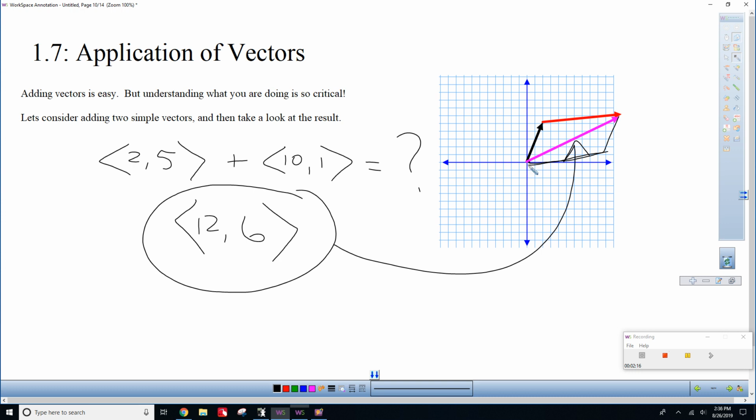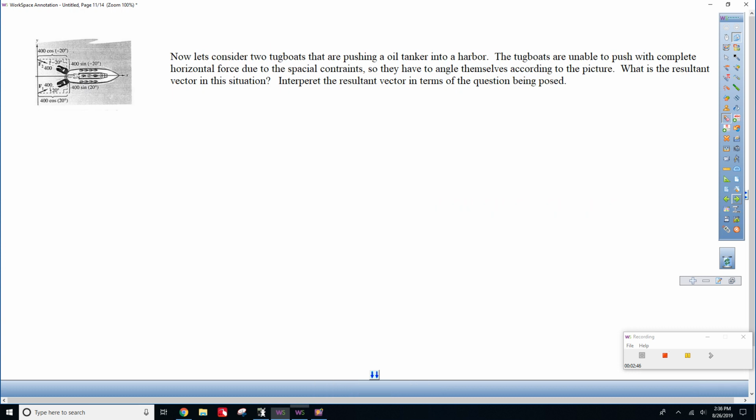But what's really going on here is, let's say we had some motion represented by the black vector, and then some motion represented by the red vector. The resultant motion, if those two were combined, would be represented by the purple vector. And this has a tremendous amount of applications scientifically. So let's look at this one.